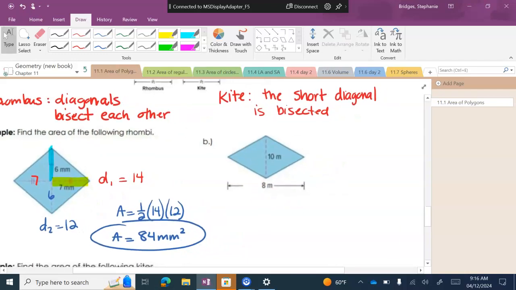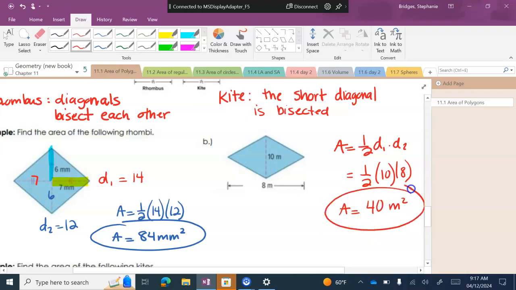Can everybody tell the difference in A and B, how you can see that A only gives you part of the diagonal, whereas B gives you the whole thing? Okay. So 1/2 diagonal 1 times diagonal 2. One diagonal is 10, the other diagonal is 8. If I do that in my calculator, I get 40 meters squared.